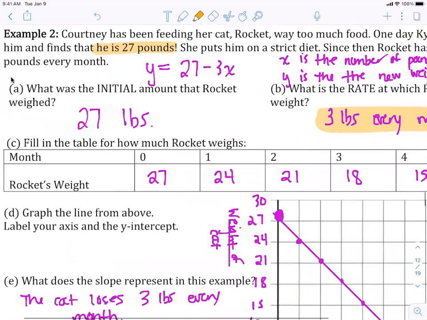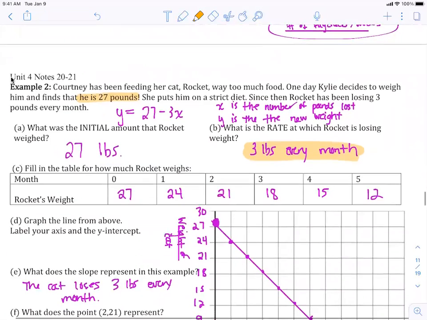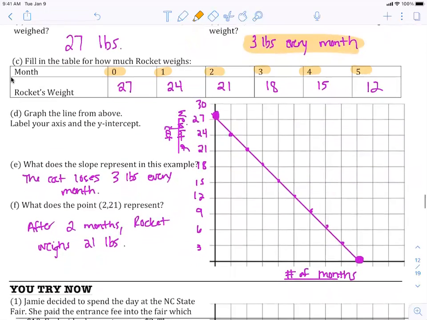For the second one, it says, okay, we're going to fill in the table. So if you filled in the table, it was really just a matter of plugging in each of these different values up in our equation up here and figuring out what y is equal to. You could also just use the fact that you knew what the first one was, and every month you're going to lose 3 more pounds. So if you stuck with that route, that's also another route you could have gone. But at the end of the day, the next step was to graph.